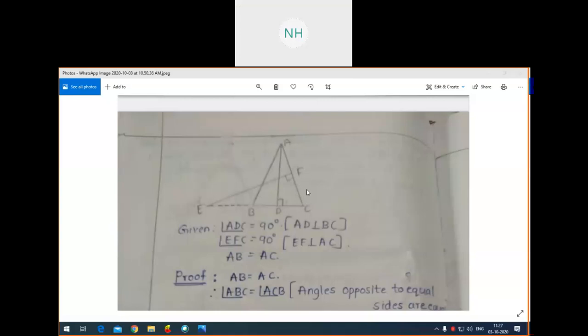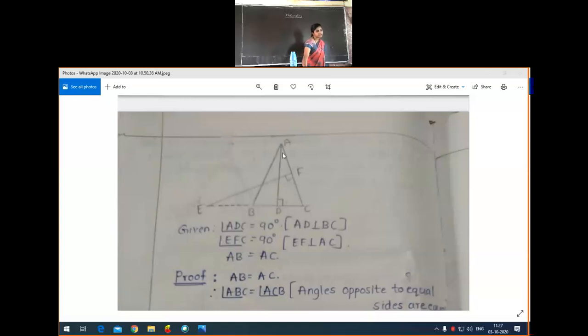Okay. Yes, very good, Nikhil. Correct answer. According to Nikhil, first we have to show that this triangle ABD is similar to this. Can we show the similarity? Yes, of course, because this angle is 90 degree, this angle is 90 degree, and one more thing is given: this angle B is equal to this angle C. So triangle ABD is similar to triangle ADC.